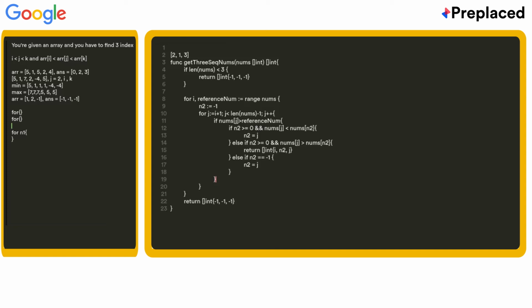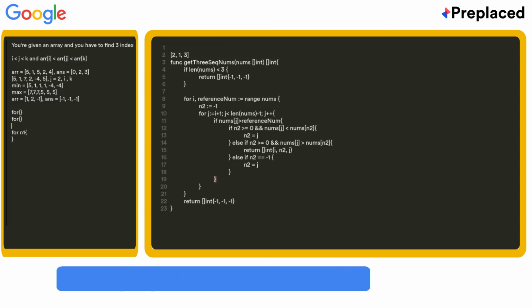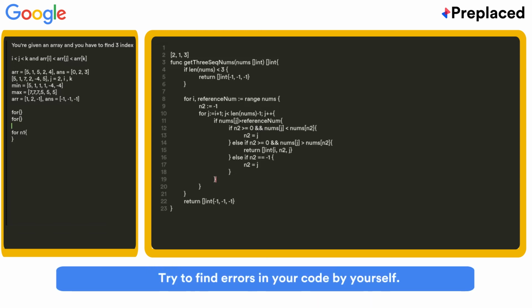So it's good if you can write bug-free code in the first attempt, or in lesser time. That might be one suggestion: try to practice, try to find the errors in your code by yourself, and not get them pointed out by the interviewer.